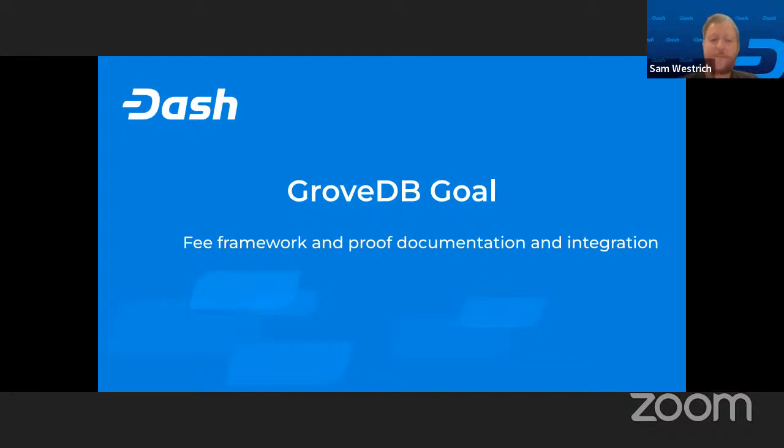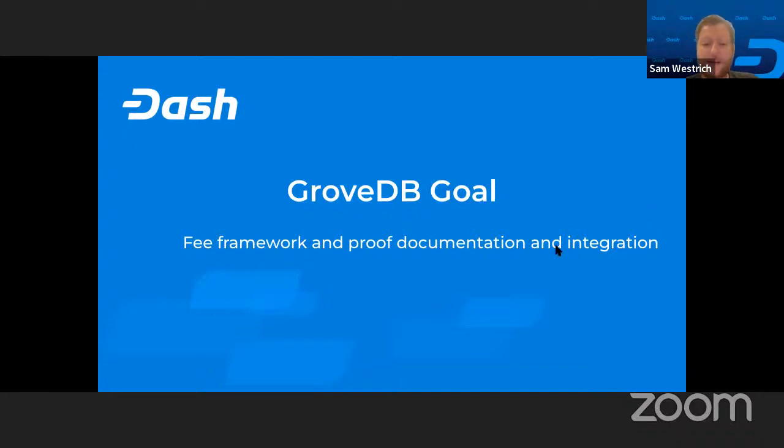The other teams outside of GroveDB have been working on the next features. We didn't pause fees, we worked on them, but not as much as in previous sprints, mostly because we needed this fee framework from GroveDB.